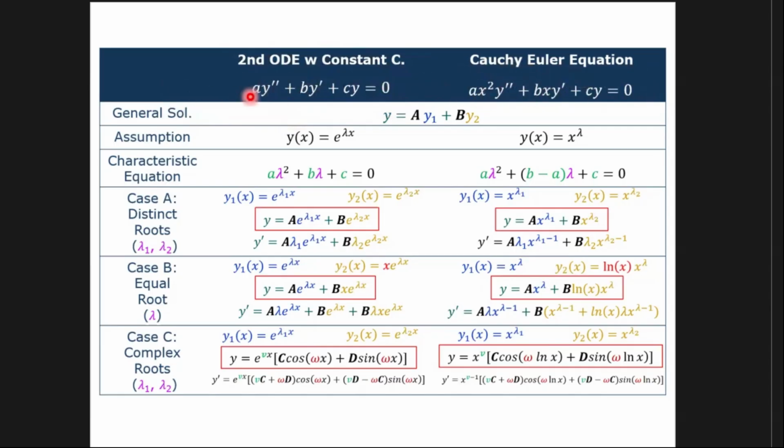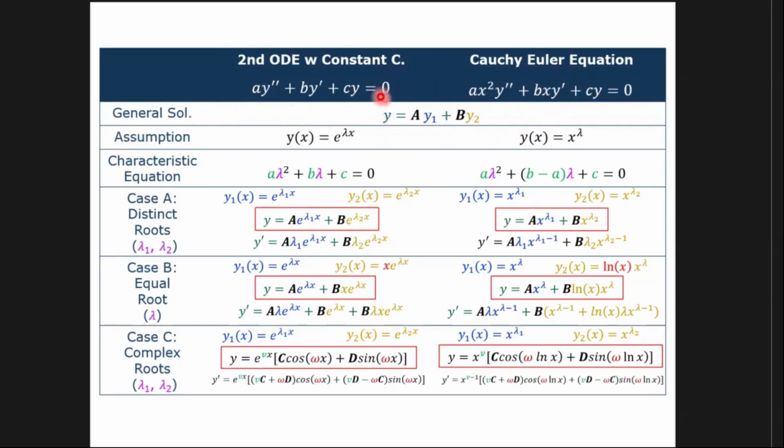Remember to look at the coefficient in front of y double prime and the coefficient in front of y prime. So for the Euler-Cauchy equation, there will be x squared here and x in front of y prime.